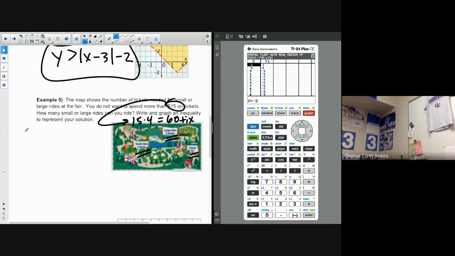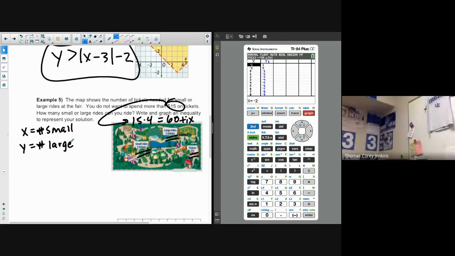Let's say X is the number of small rides. You could flip-flop these, and Y is the number of large. And so we would go like this. This is a standard form type problem, right?